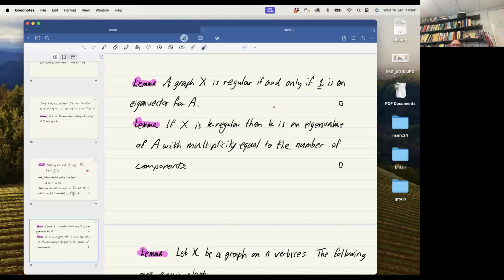And the other thing, which again I'm not going to bother to prove: if the graph is k-regular, then k is an eigenvalue of A with multiplicity equal to the number of connected components of the graph. So there's that connection.